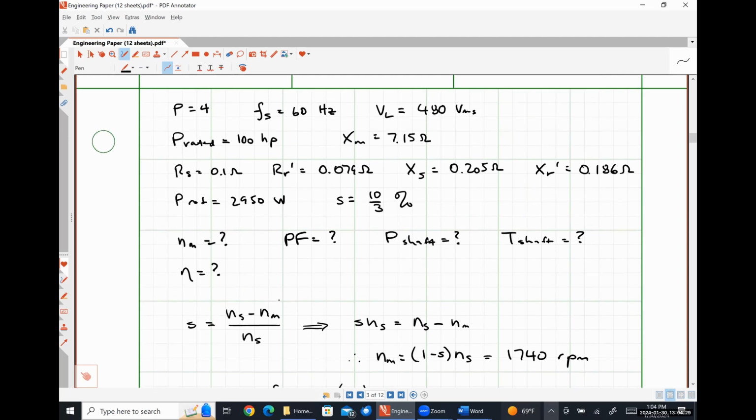So our rated power is 100 horsepower. I think that would be analogous to our apparent power here.